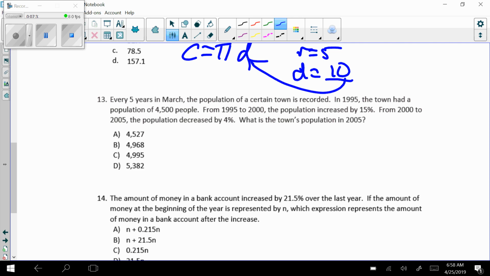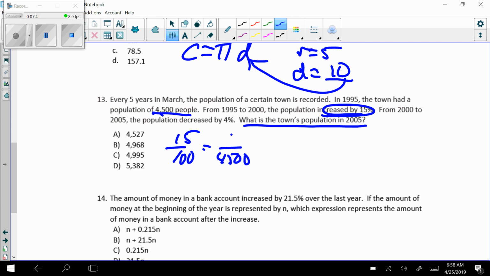Every 5 years in March, populations are recorded. Poland's population in 2005 started with 4,500 people and increased by 15%. So 15% times 4,500. Whatever you get here, it's an increase, so it gets added, which means you're going to get a new value, and then that new value will get carried over.